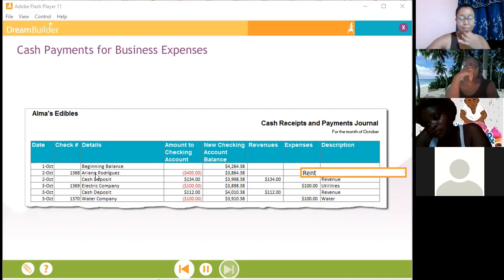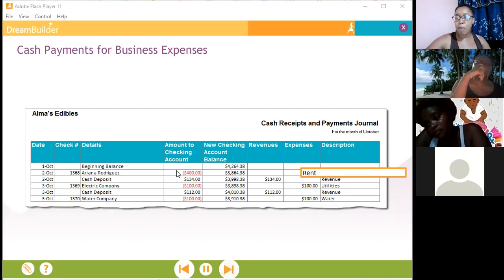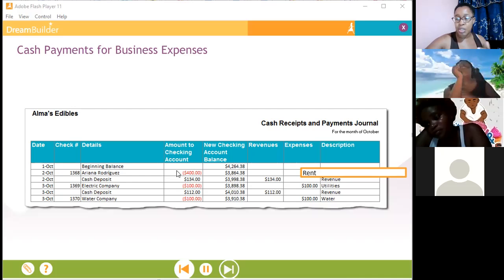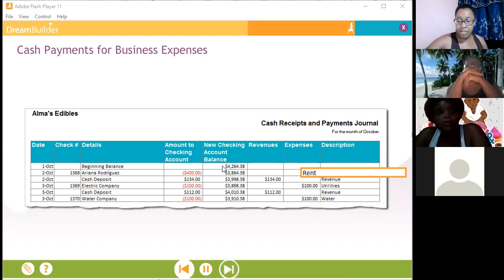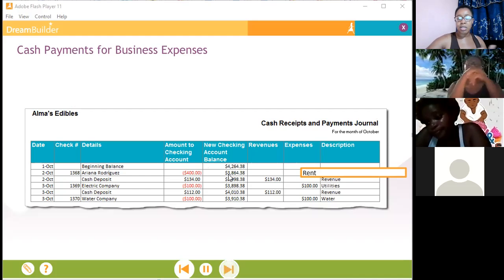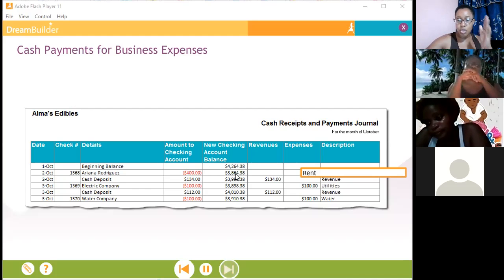You immediately perform the calculation. If it's money going out, you immediately subtract the amount from the beginning balance and put the balance after along that row. If money came in, you add it to your beginning balance and the total would come here in the new account balance column.